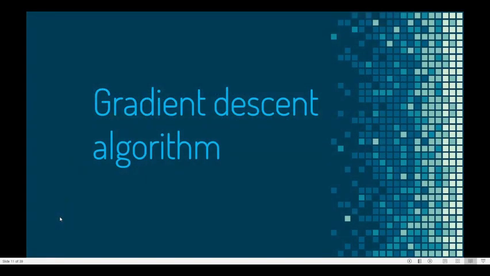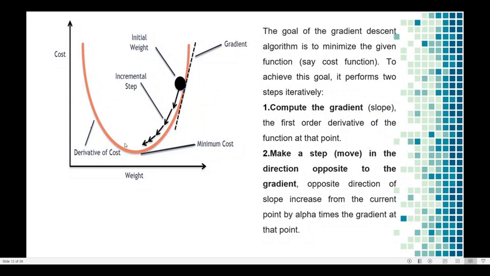So what is the gradient descent algorithm? The goal of the gradient descent algorithm is to minimize the given function. We can achieve this goal by assuming an initial weight.